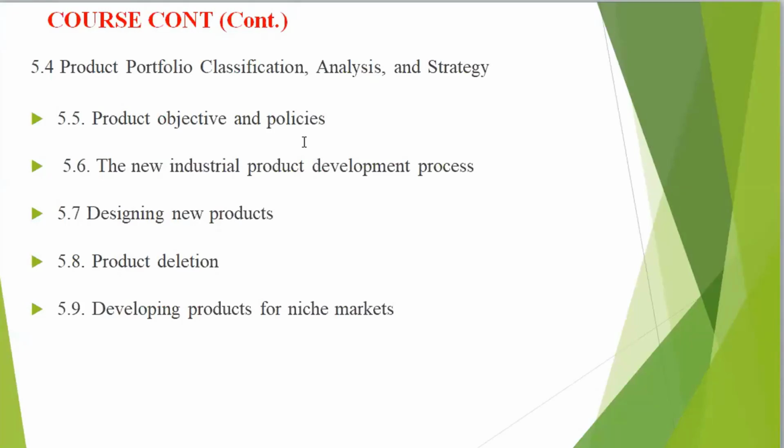The first process starts with idea generation. The product idea should be gathered and screened out and changed into product concept. Product concept means simply different from product idea. Product idea is simply the thought or the assumption of the product.